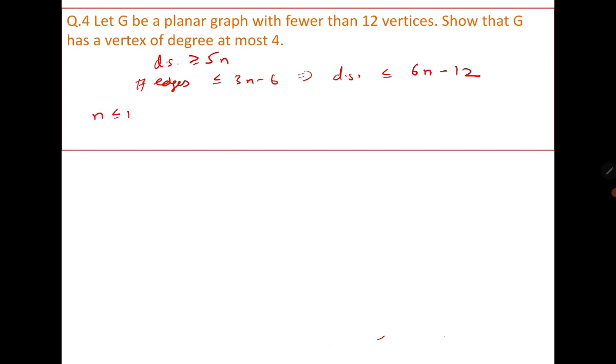Now it is given that n is less than or equal to 11. So for n less than or equal to 11, you can easily verify that 5n is always greater than 6n minus 12. It means that the graph is given to be planar, but the degree sum is greater than 6n minus 12, which is a contradiction. So we start with a contradiction and end up with a contradiction, which proves the result that G has a vertex of degree at most 4.